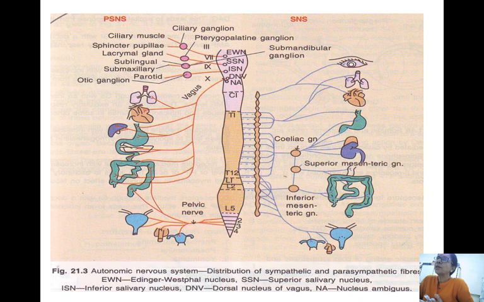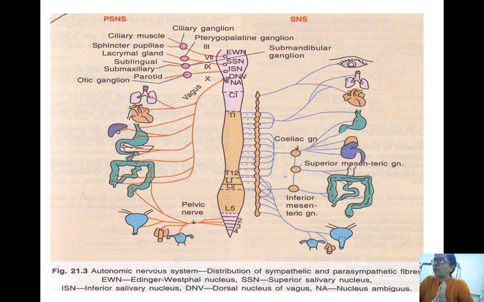Then coming to your sympathetic nervous system. In the sympathetic nervous system, the fibers innervating the gut are coming from T5 to L2.